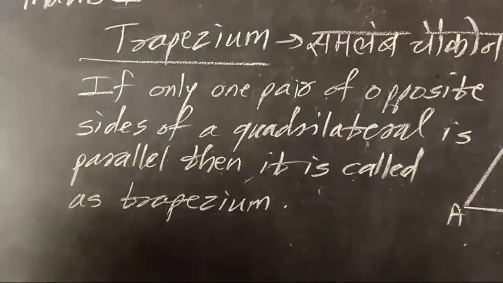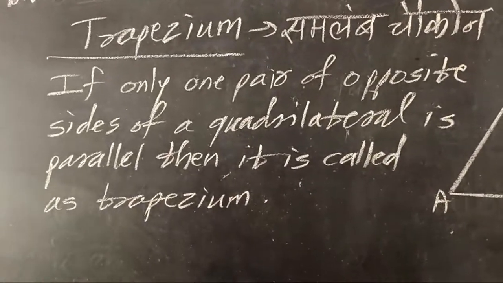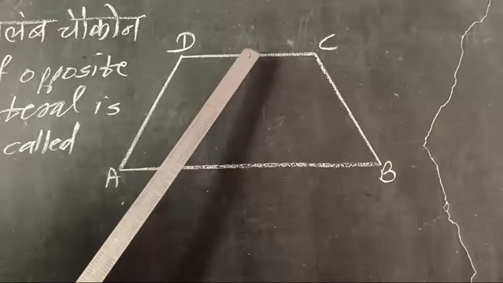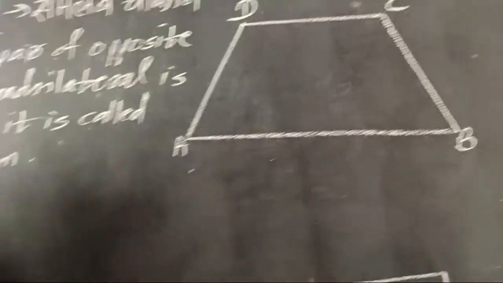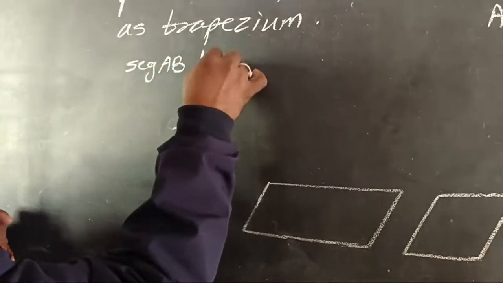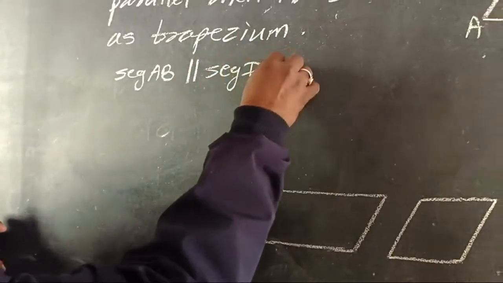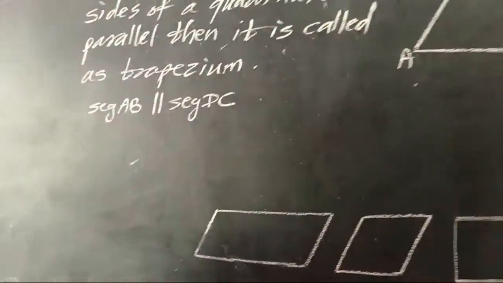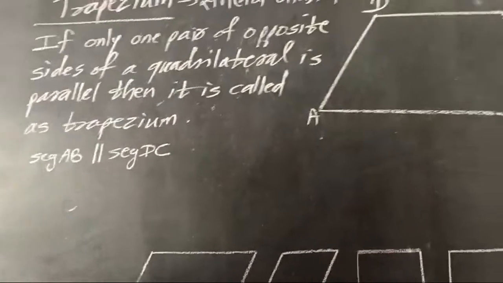Good. Which pair is parallel? Segment AB is parallel to segment DC. Good. And which pair is non-parallel sides?